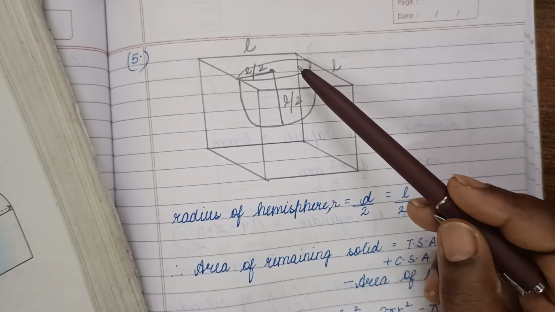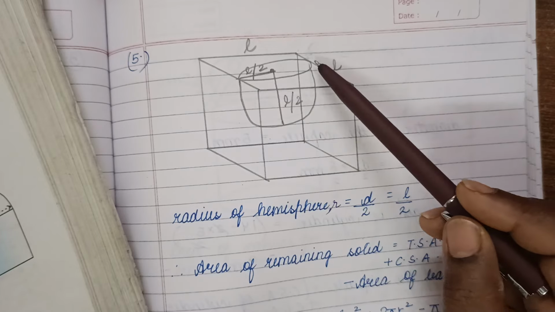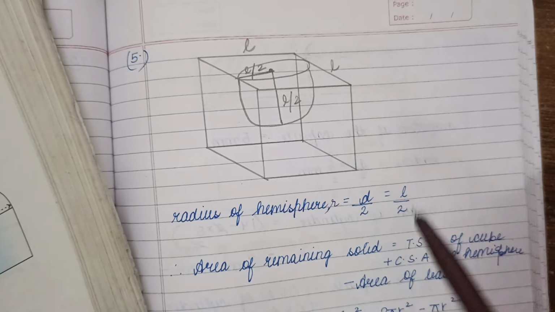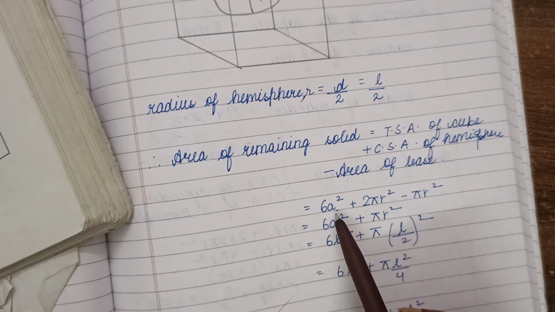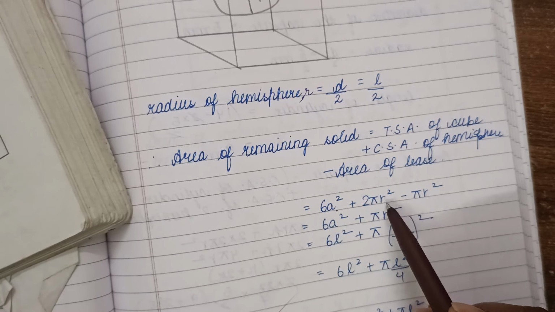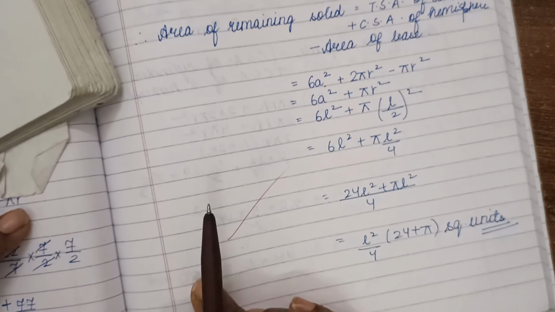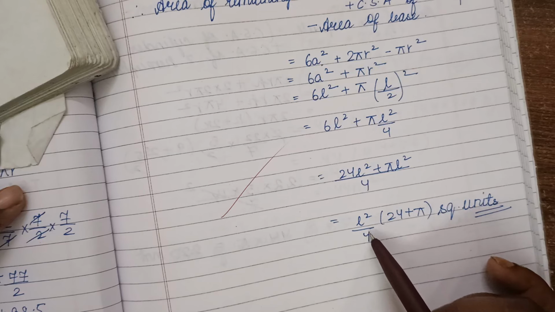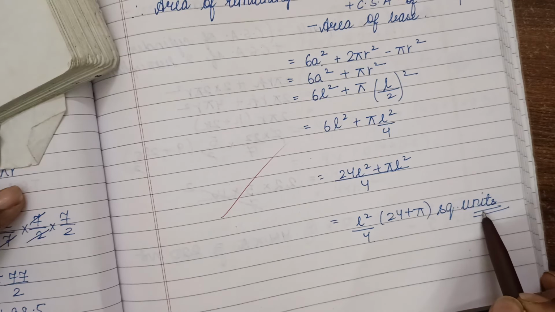That is 6a square plus 2 pi r square minus pi r square, just the same as question number 4. So here a is l and r is l by 2. Just put the value, you will get the answer in terms of l only, that is l square by 4 into 24 plus pi square units.